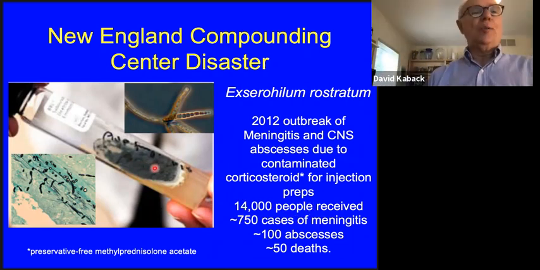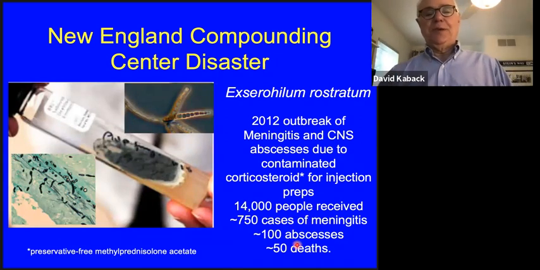can grow almost anywhere. They have simple growth requirements. In this case, there was enough acetate, I think, in the preparations from some other compound that they were using in the preps that was enabling the fungus to grow. They sent around 14,000 dosages of these things, or probably more, and 750 people came out with meningitis, and there were 50 people who died because of this.